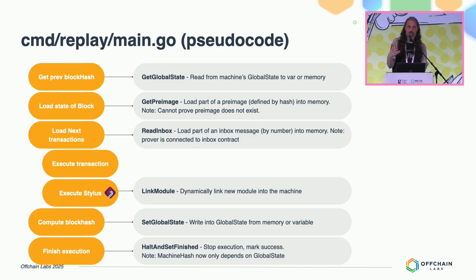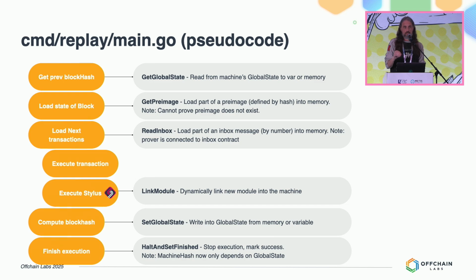And my personal favorite, one of the latest additions to the WAVM, is link module. Link module allows you to add a new module to the same arbitrator machine, which means you can now dynamically load more code, which is exactly how Stylus works. So when we allow proving WASM-executed smart contracts, this is what's going on under the hood.